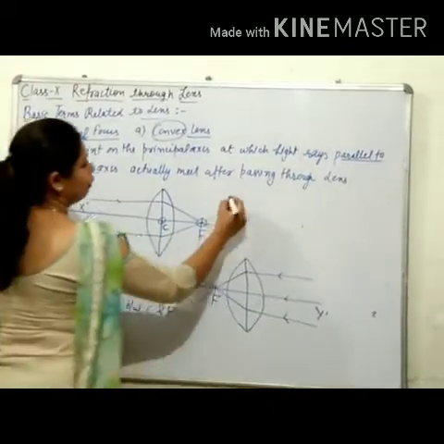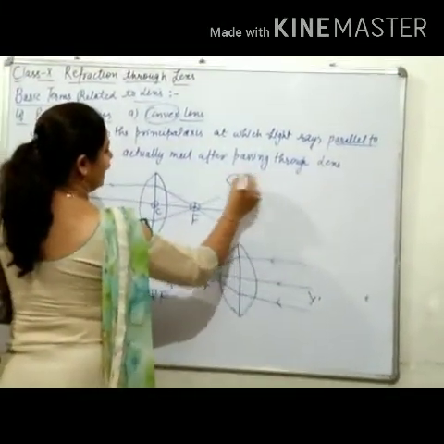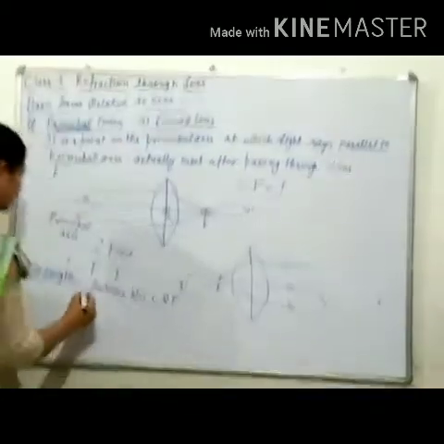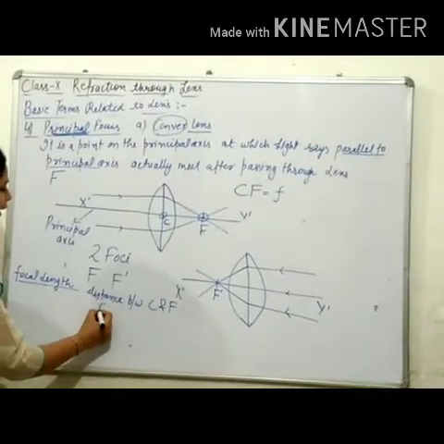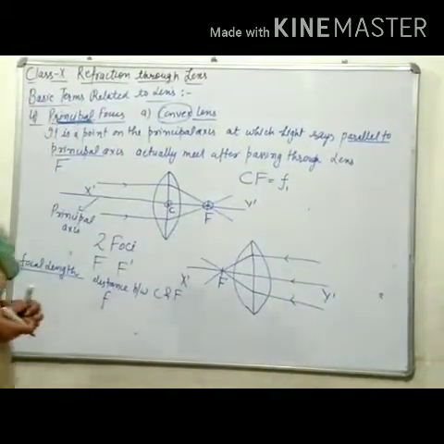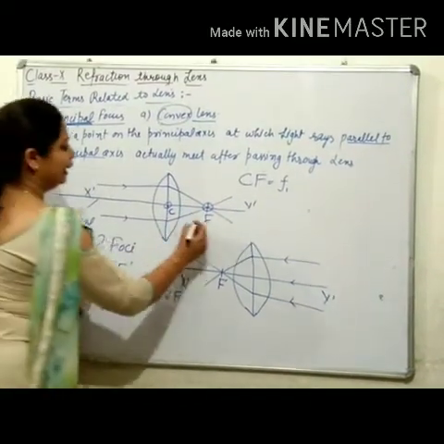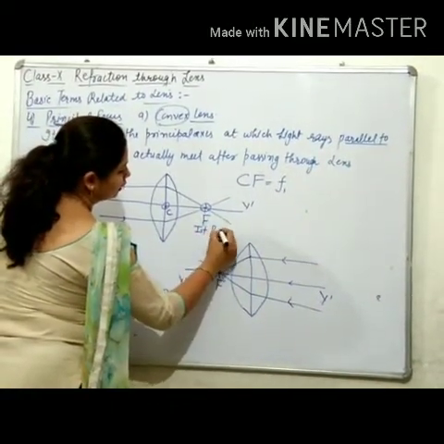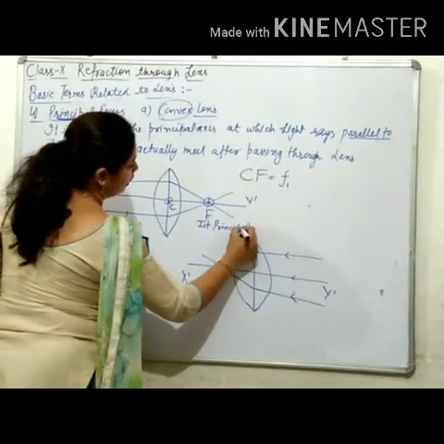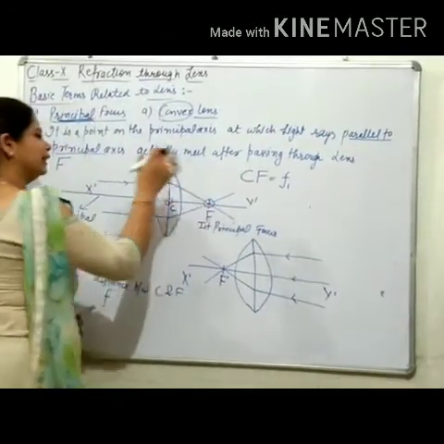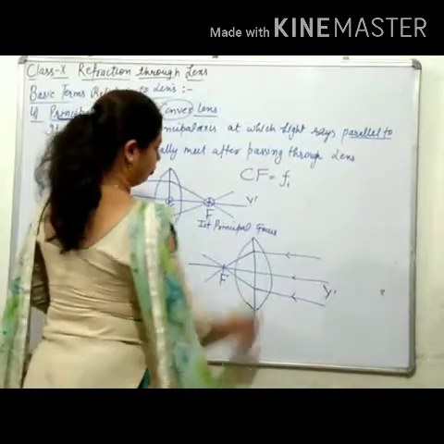Here the first focal length is CF, that is f1, because focal length is represented by small letter f. f1 means the first focal length, for the first principal focus.